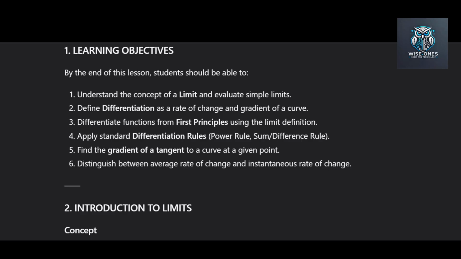You will learn how to differentiate functions from first principles using the limit definition. This is very important. You will learn how to apply standard differentiation rules like the power rule and sum rule. You will learn how to find the gradient of a tangent to a curve at a given point. And finally, you will learn how to distinguish between average rate of change and instantaneous rate of change. That is a lot, but we will take it one piece at a time.